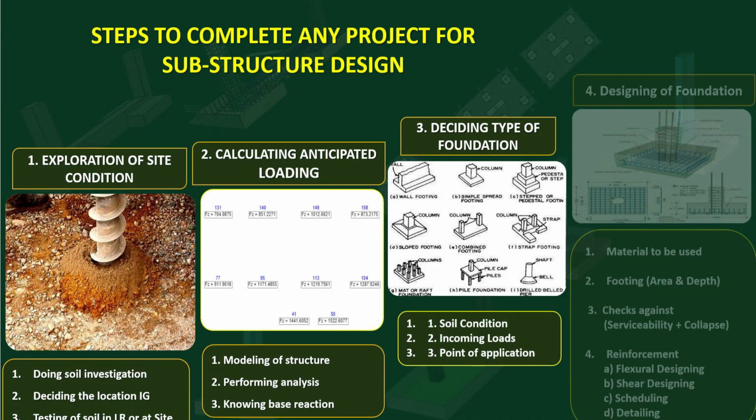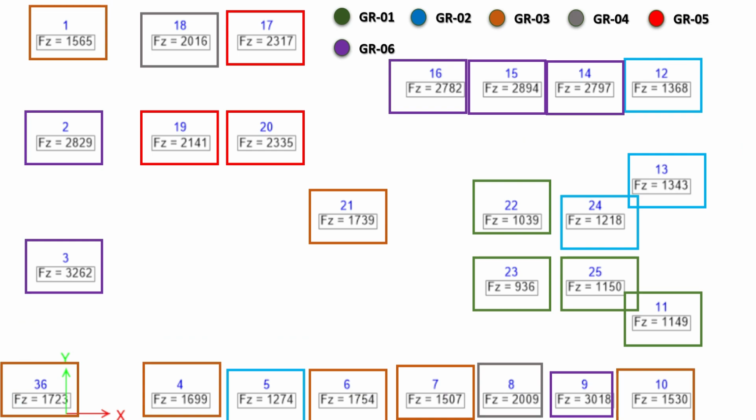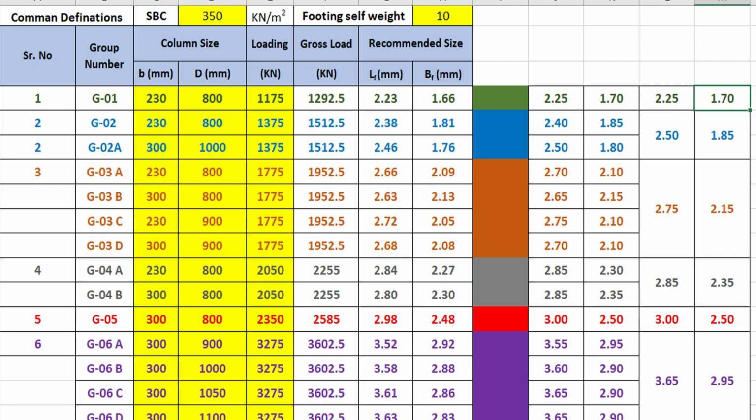First you need to create the groups, the preliminary grouping of your foundations. Then accordingly you need to find the preliminary plan dimensions of your foundation: what should be the length of the footing, what should be the width of the footing. That is preliminary.